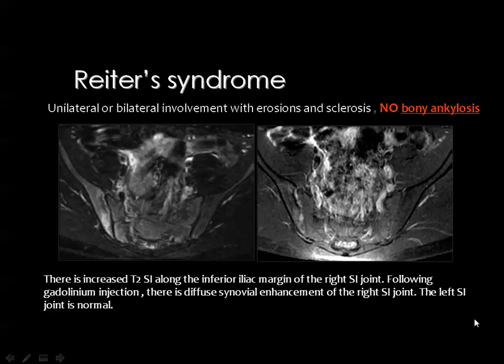And you remember, the affection is asymmetric, and it may be bilateral or unilateral. The earliest sign of sacroiliitis is the development of bone marrow edema on both sides of the articular surface, as you can see here in the right sacroiliac joint.